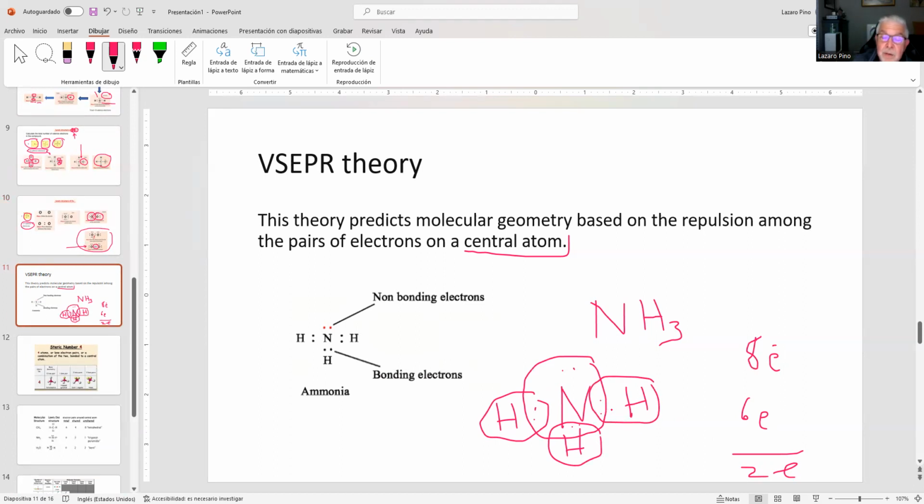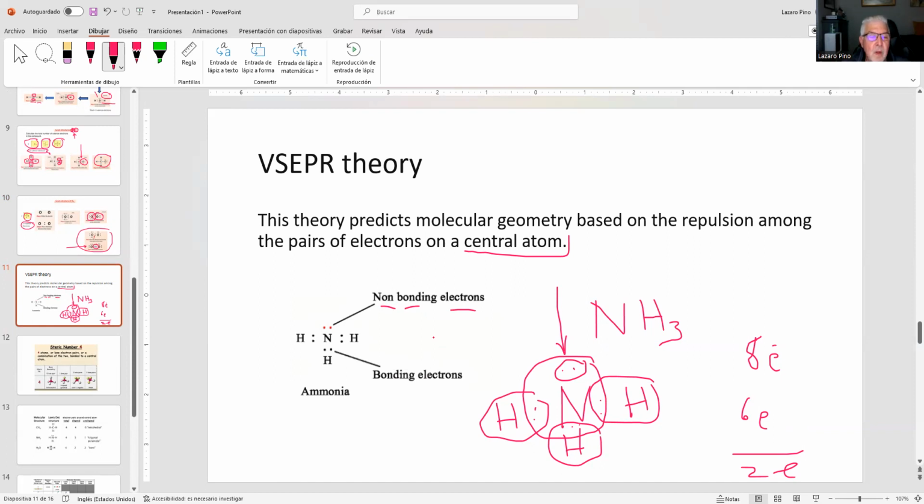as we have done by the Lewis representation. What happened now is that this atom has a lone pair. What is the meaning of a lone pair? They are non-bonding electrons.